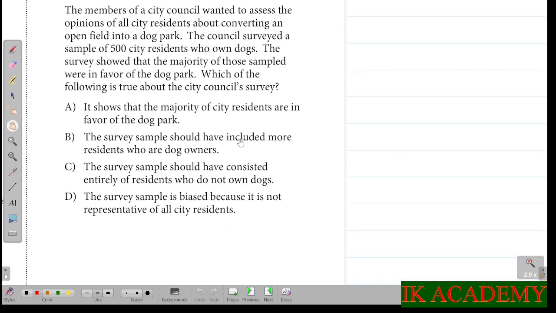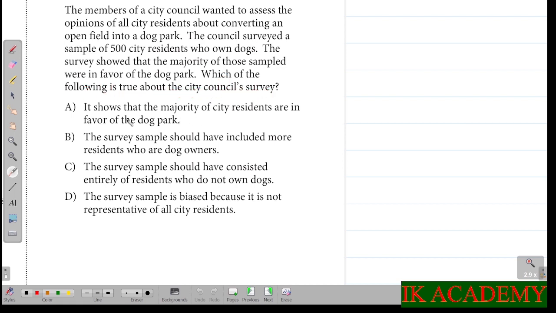Our next question is, the members of City Council wanted to assess the opinion of all city residents about converting an open field into a dog park. The council surveyed a sample of 500 city residents who own dogs. The survey showed that the majority of those sampled were in favor of the dog park. Which of the following is true about the City Council's survey?